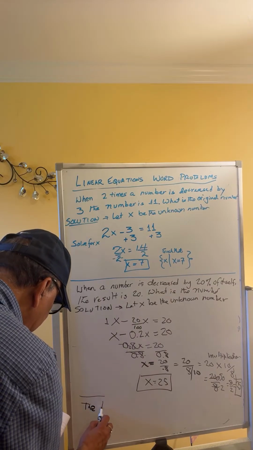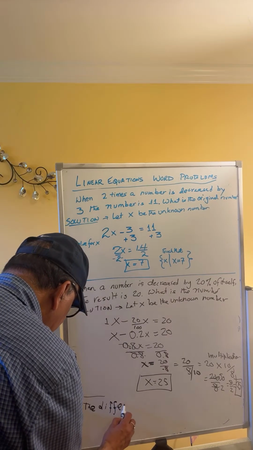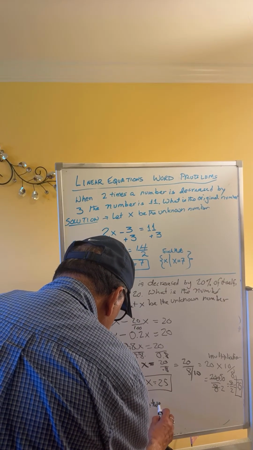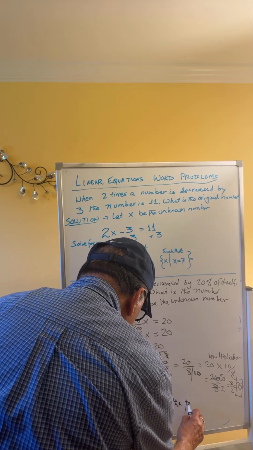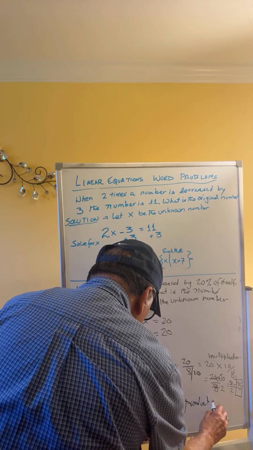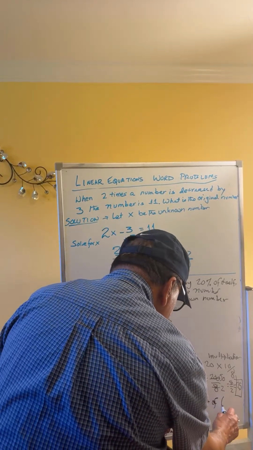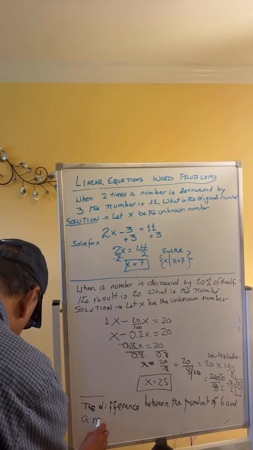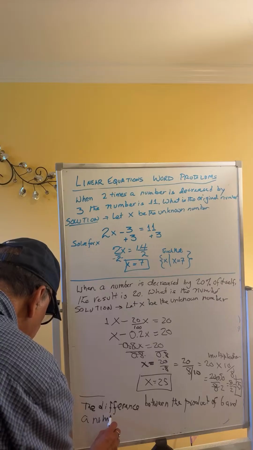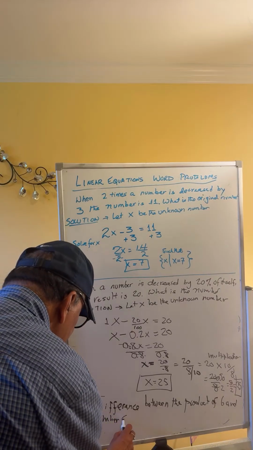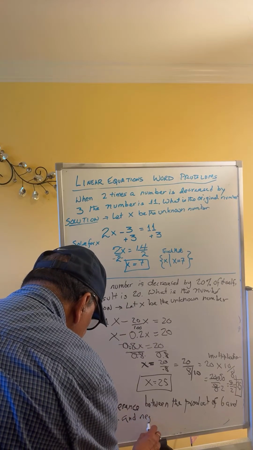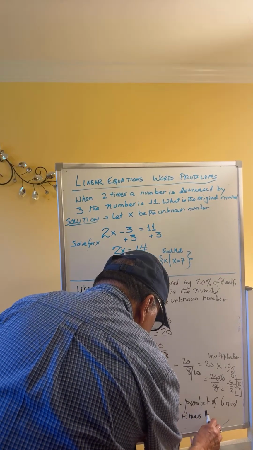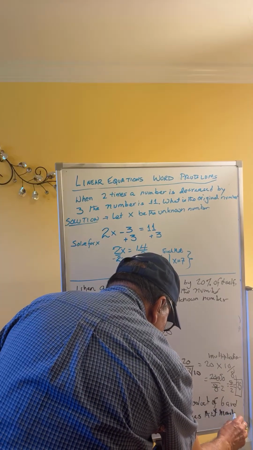The difference between the product of six and a number, product of 6 and a number, and negative 2 times that number. How do you express it in algebra?